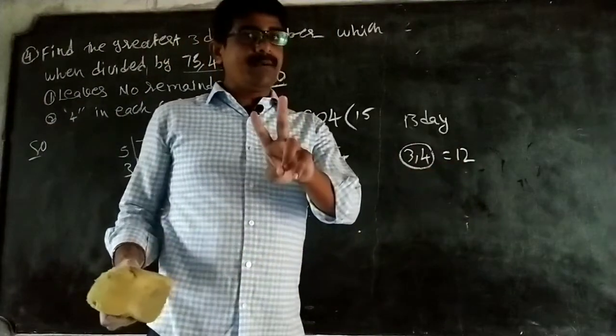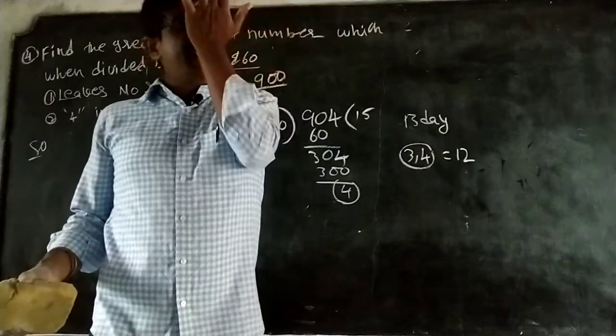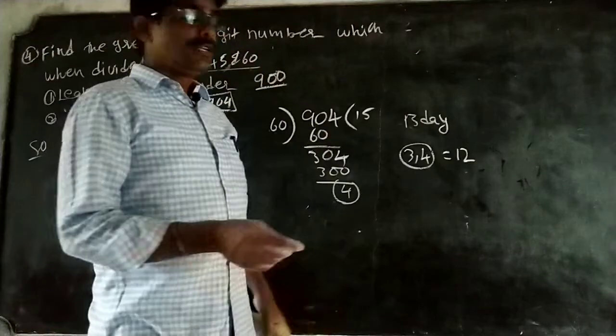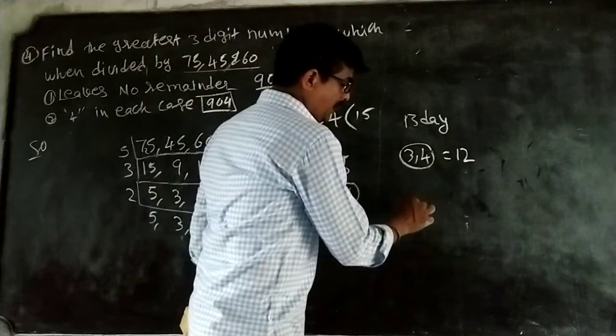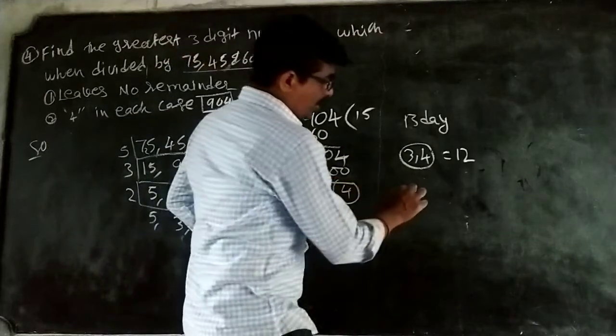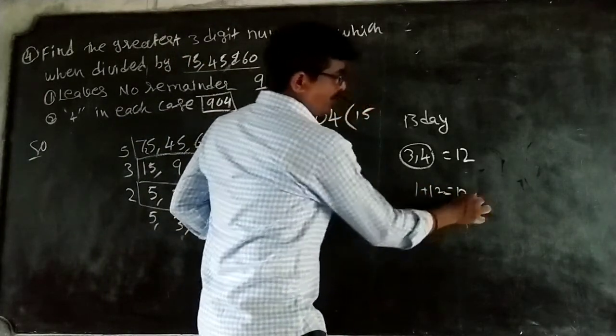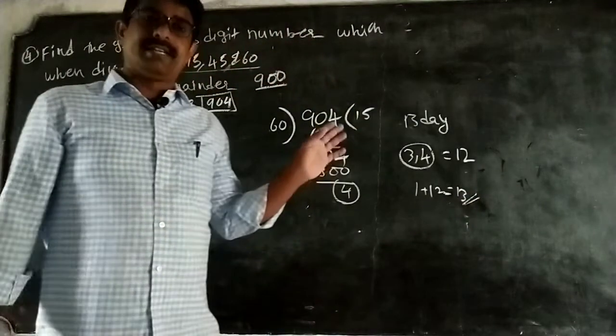The two members meet on the first day, then meet again after the LCM of 3 and 4, which is 12. Therefore 1 plus 12 is equal to 13, so they meet on the 13th day.